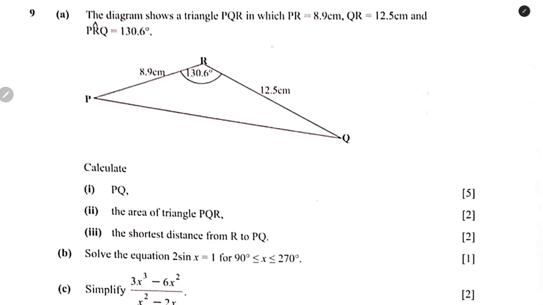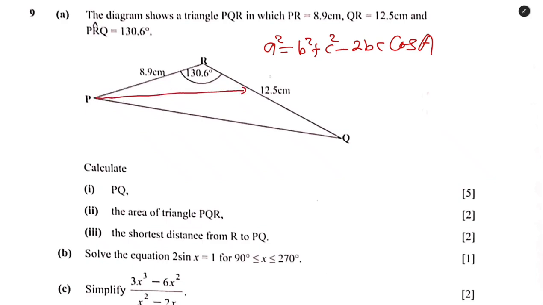Generally, cosine rule is a square equal to b square plus c square minus 2bc cos A. So that is the general cosine rule. One thing you should know is that opposite of P is small letter p, opposite of Q is small letter q, and opposite of R is small letter r.